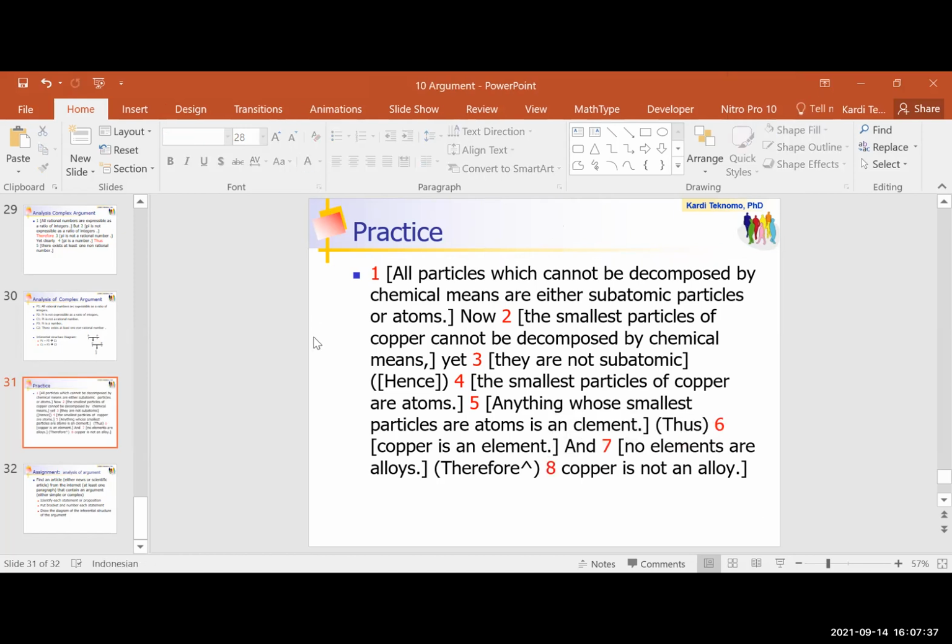All you need to do is to create the diagram. Can you see it? We have 1 to 8. Very complex. We have 1 to 8. So all you need to do is to create the argument diagram.